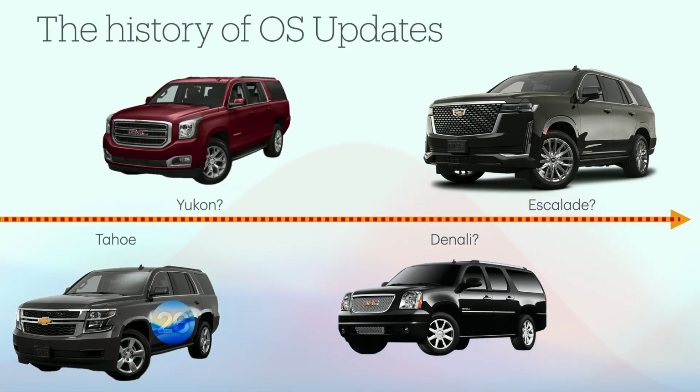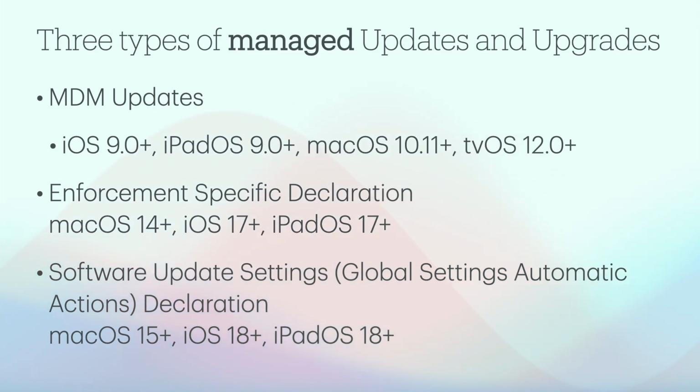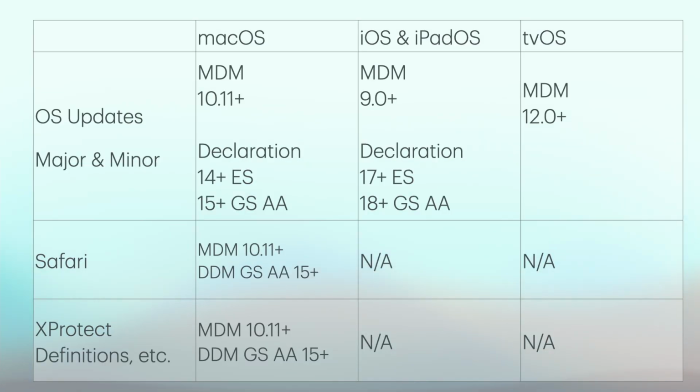But anyway, there's 3 types of managed updates: the MDM updates, the enforcement-specific declaration, and then the software update settings, global settings, automatic actions, and the declaration there. One thing of note, and this is why I talk about the community feedback, is that the MDM command and the enforcement-specific declaration are just for the OS versions.